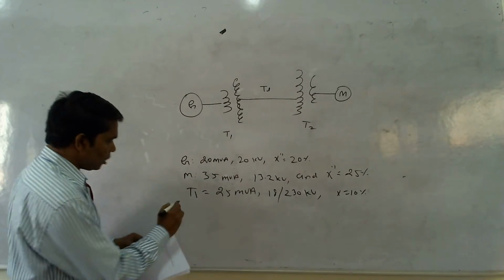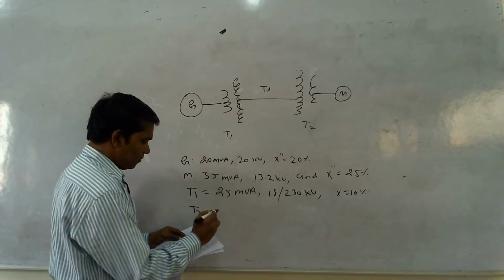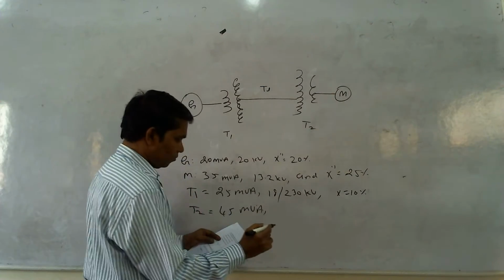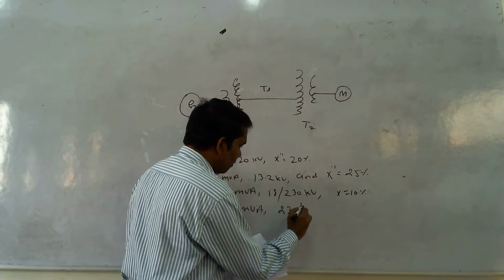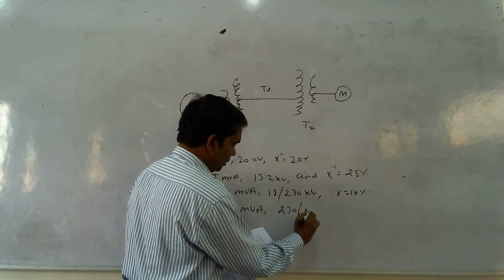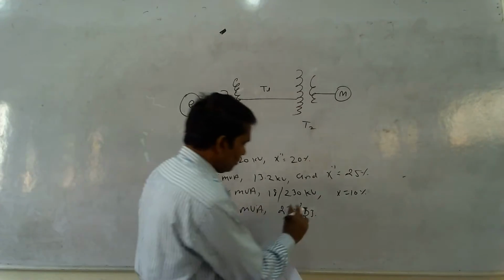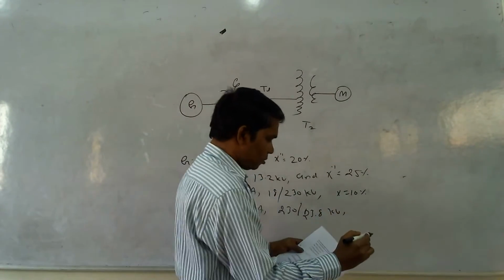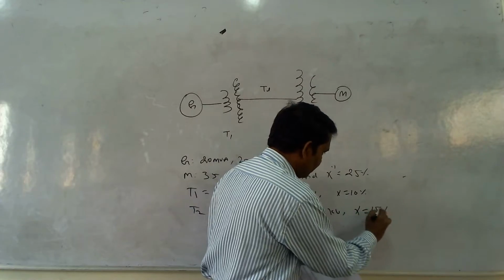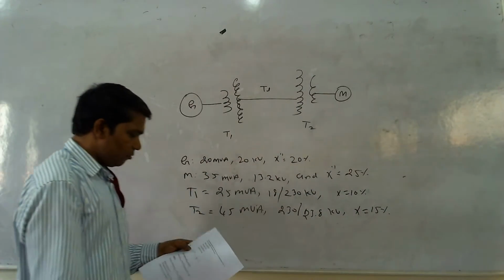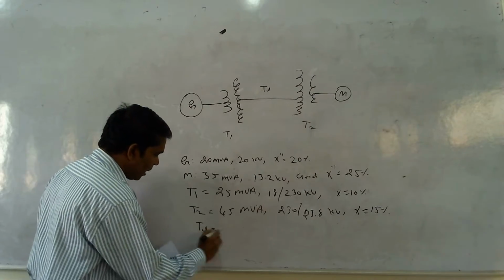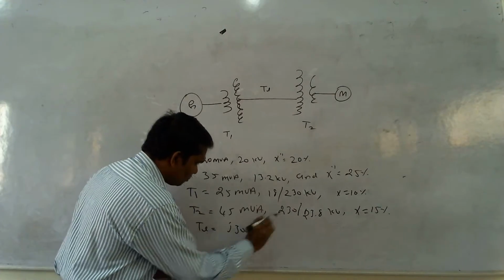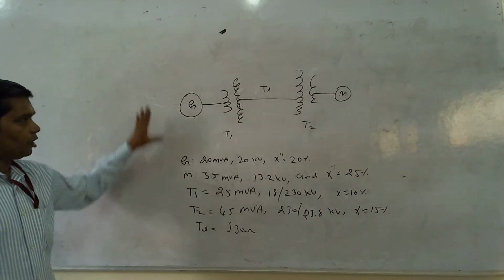Transformer 2 has 45 megavolt ampere, 230 kilovolt to 13.8 kilovolt, and reactance of 15%. The transmission line has a reactance of 30 ohms.